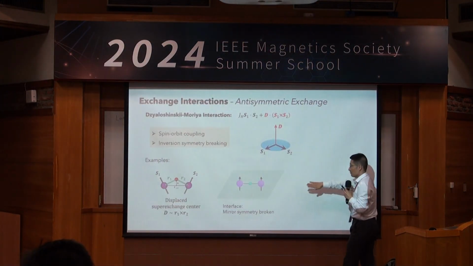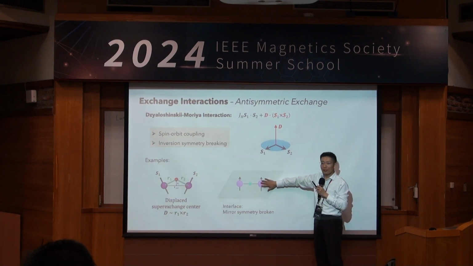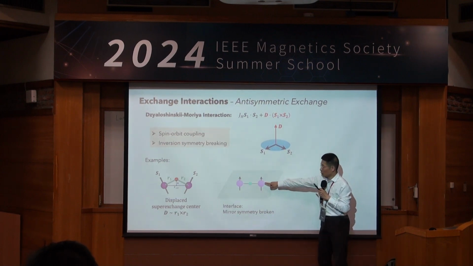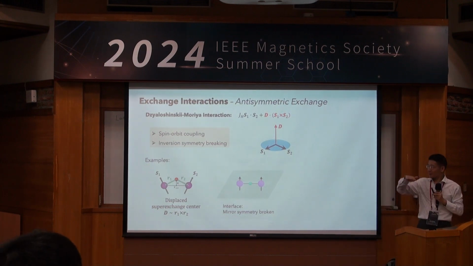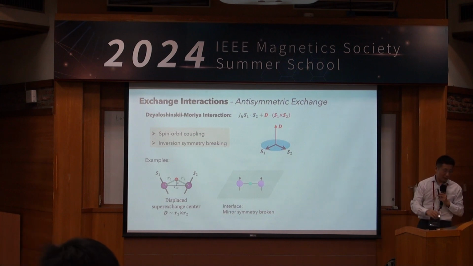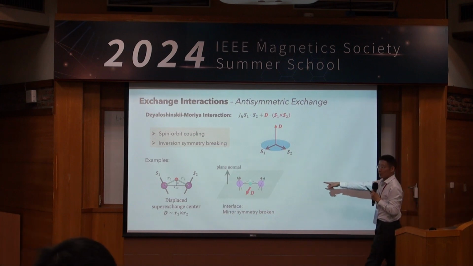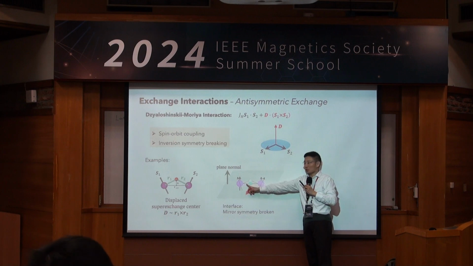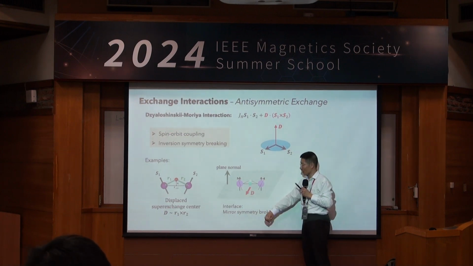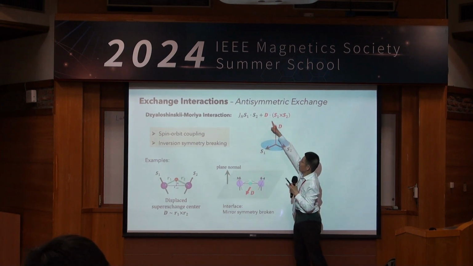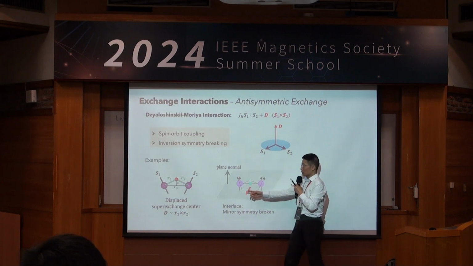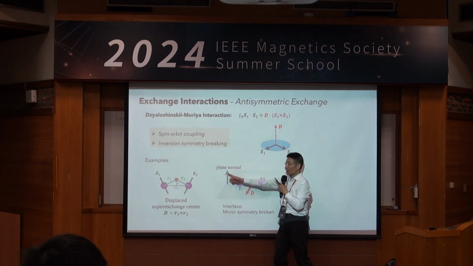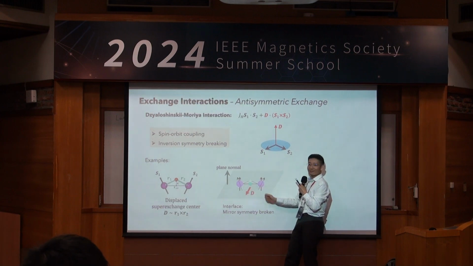For example, on the interface of a material. On the interface of a material, because of the different crystal environment above and beneath the interface, the superexchange centers located on the interface could be deflected a little bit, creating a finite angle of the atomic bond. So in this case, the D vector is induced in a direction that is perpendicular to both the plane normal and the atomic bonds.